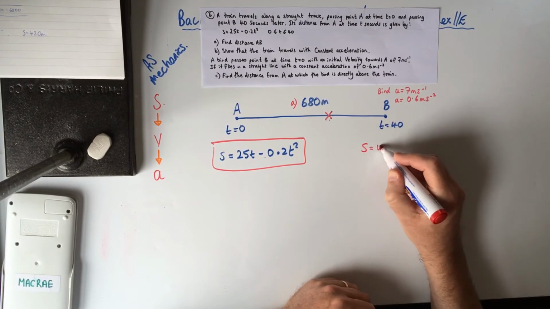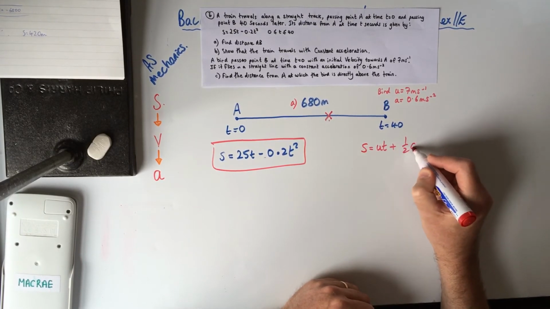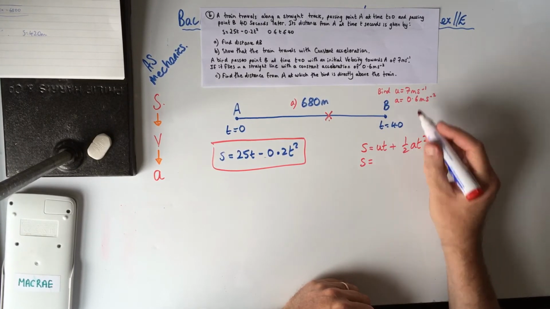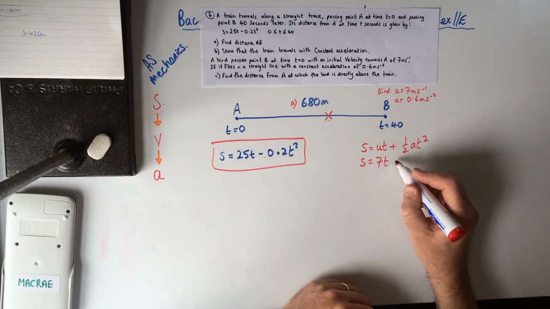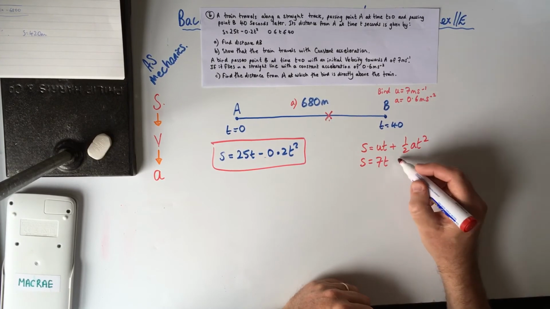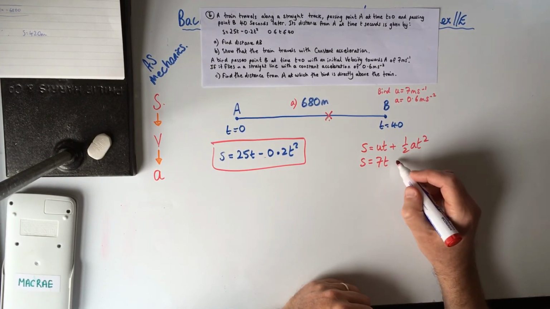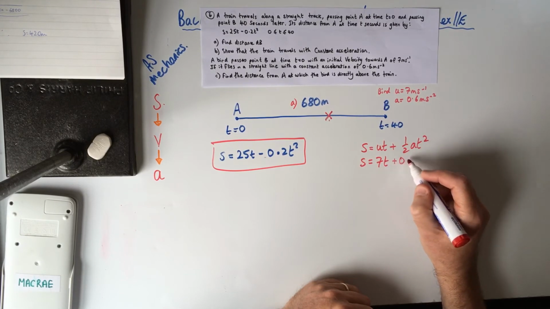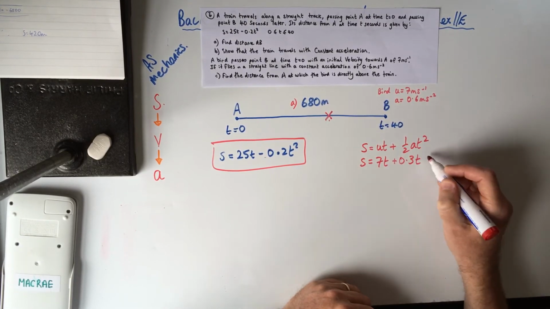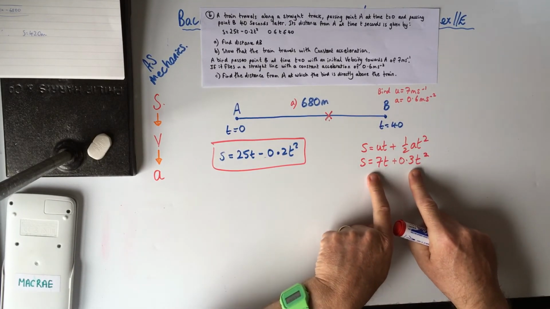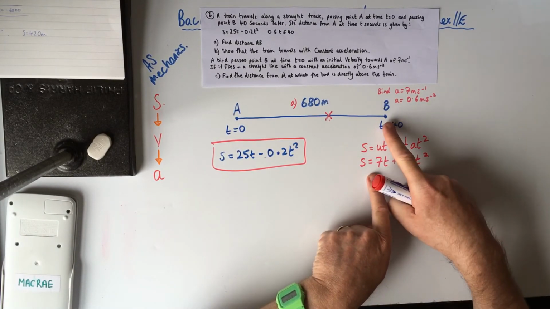Well, s equals ut plus a half at squared. So the displacement of the bird is its initial velocity, which is 7t, plus a half of a, which is a half of 0.6, so 0.3t squared. That would be the displacement of the bird from B.